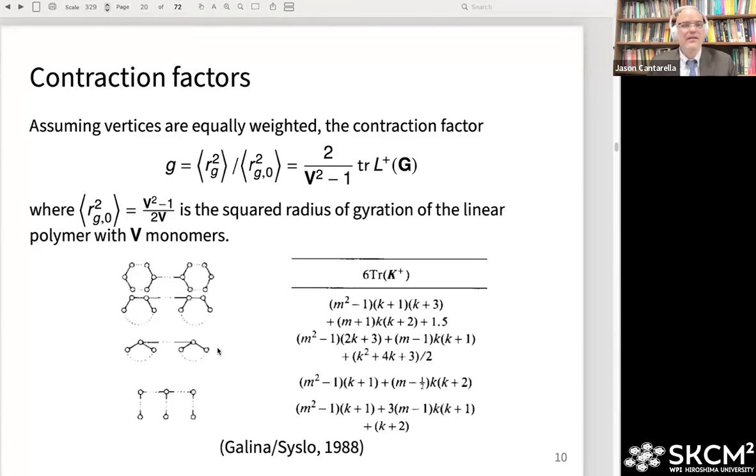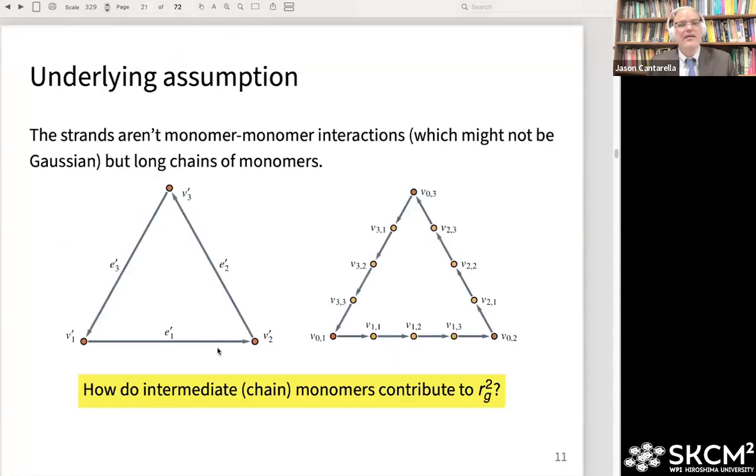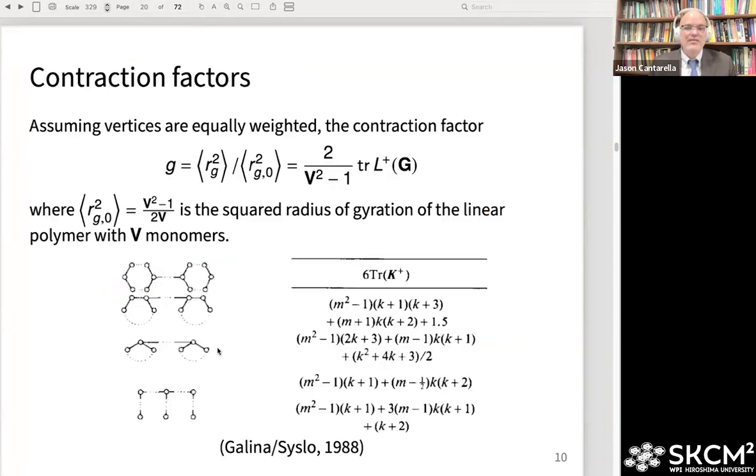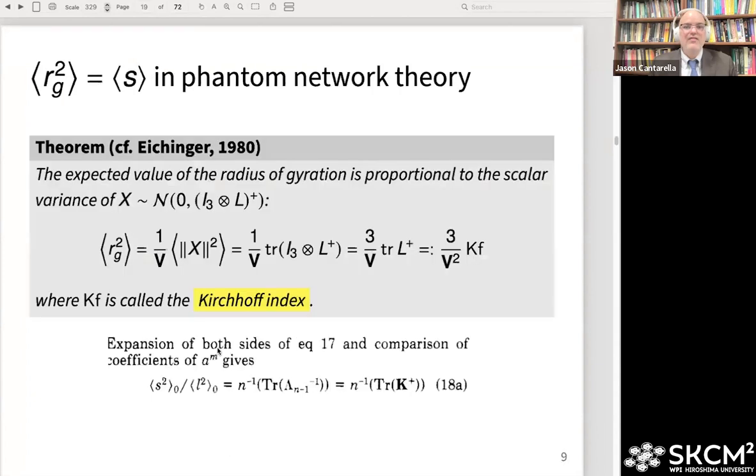So if you think about this whole setup, something's interesting about the radius of gyration. The radius of gyration formula that Eichinger derived was for the radius of gyration of the junctions. Those are the x positions that we saw in this formula.